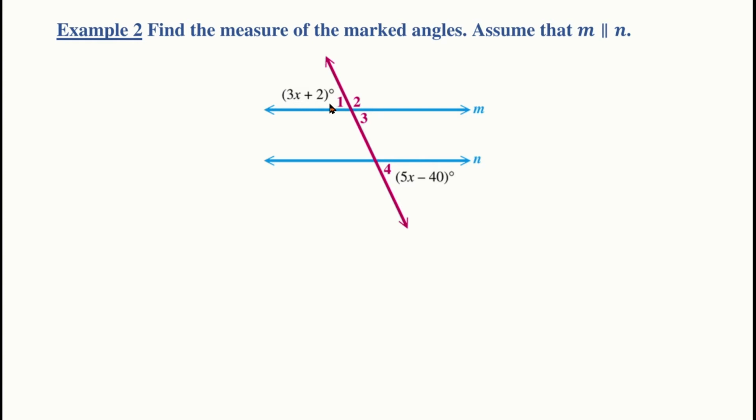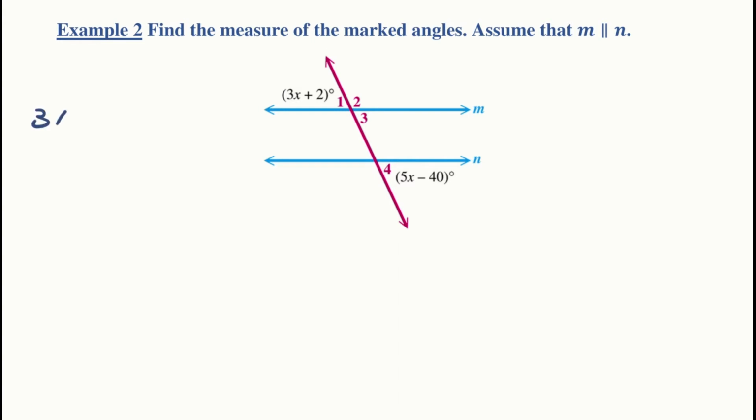Now, more interesting, notice that angle 1 and angle 4 are alternate exterior angles. Now, we know that alternate exterior angles as well as alternate interior angles are congruent, right? So we have an equation here we can start with.